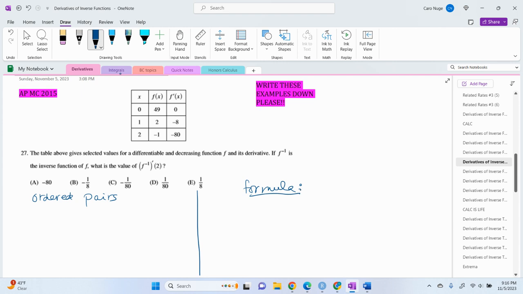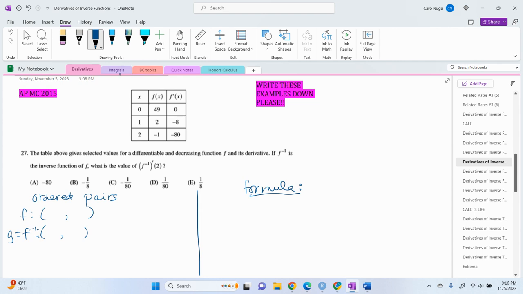No matter what method you use, I always recommend setting up ordered pairs. I actually struggle to answer these questions if I don't have my ordered pairs written down because I like to see that visual. Okay, so can you jot yourself down this table here?